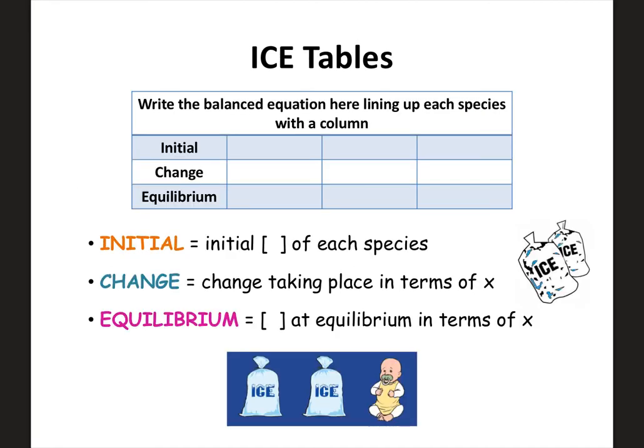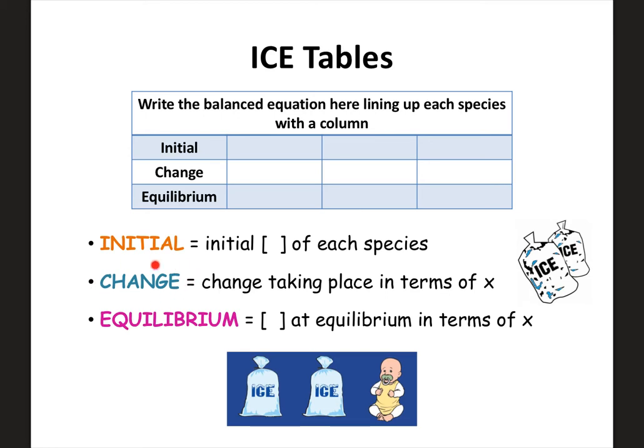Before we go any further, we need to know what an ICE table looks like and how it is set up. This is the basic gist of an ICE table, and you don't necessarily have to set it up like a perfect table with all the lines. You'll see when we start going through problems how we make this resemble a table. The basic gist is the balanced equation goes at the top of the table, and then you have your I, C, and E going down the left side. Your initial row is going to include the initial concentrations of each of the species or substances from your problem.